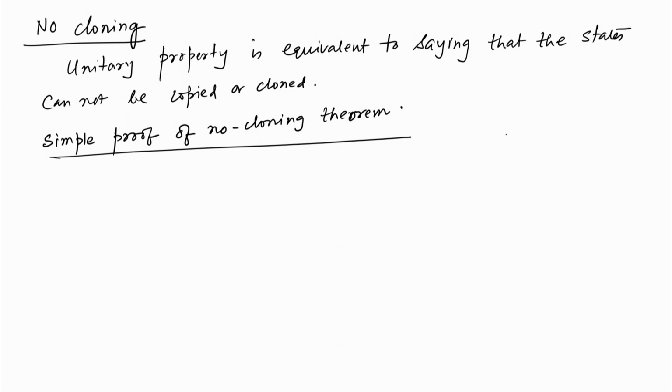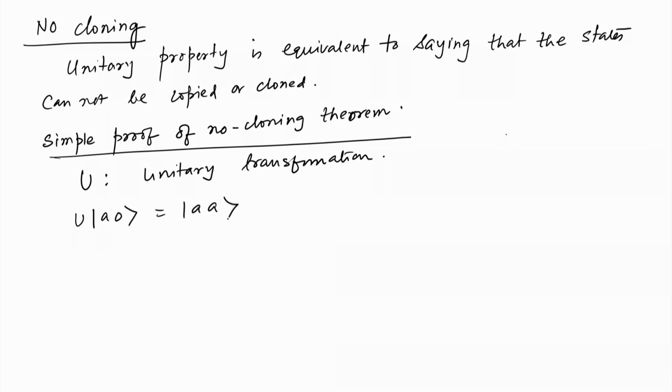Suppose U is a unitary transformation which acts on a state A0 and creates a state A, for all quantum states A.